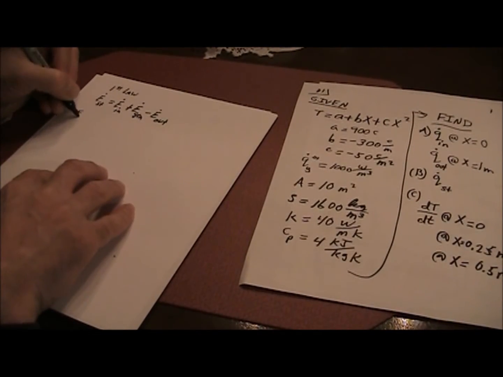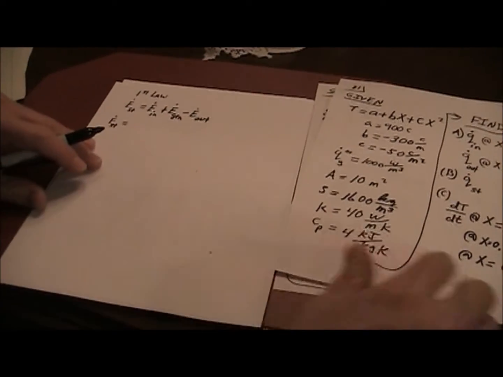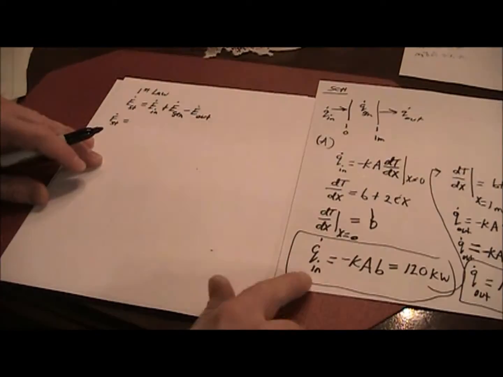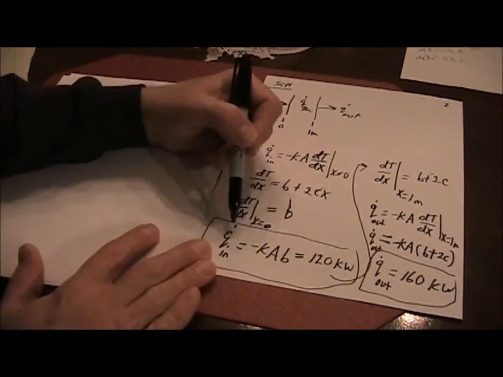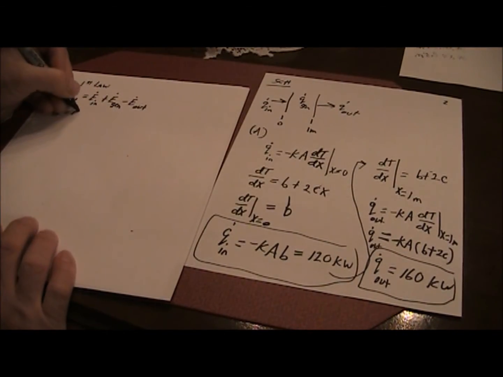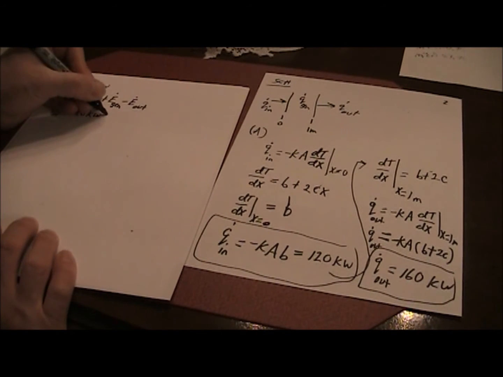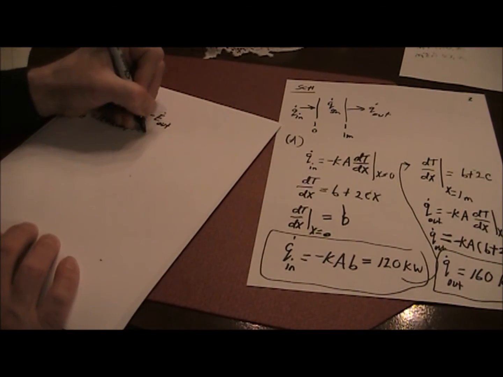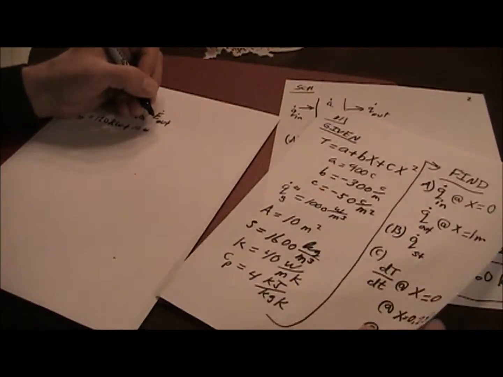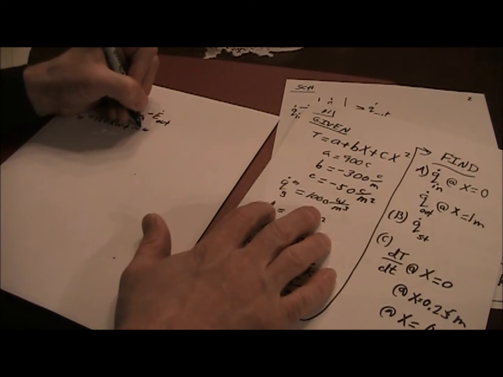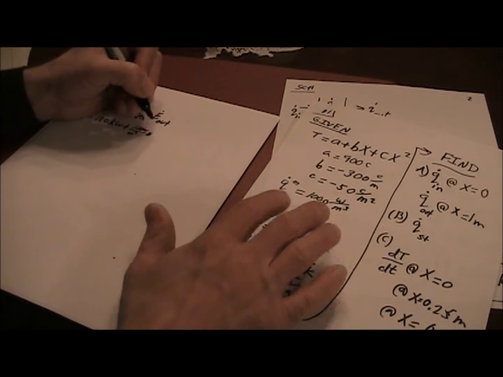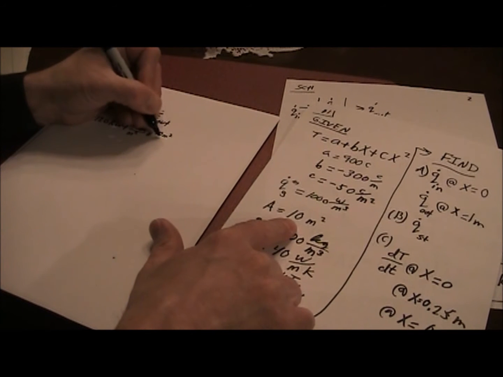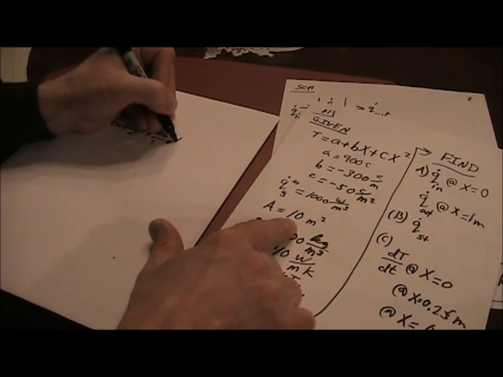So energy stored then is equal to energy in, which we calculated here as 120 kilowatts, plus the energy generated, which was given as 1,000 watts per meter cubed, and then times the area, which is 10 meters squared, times the length to get the volume, which is 1 meter.